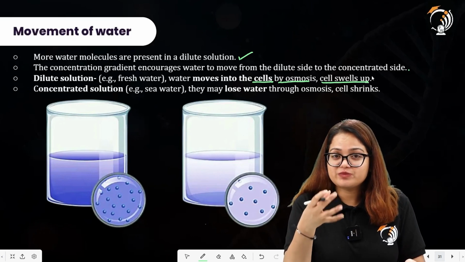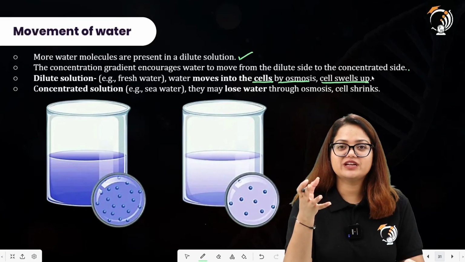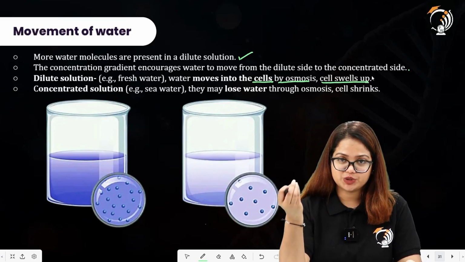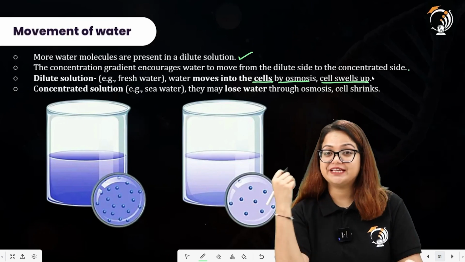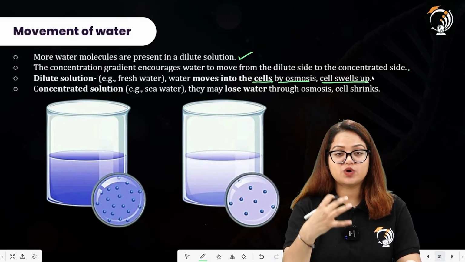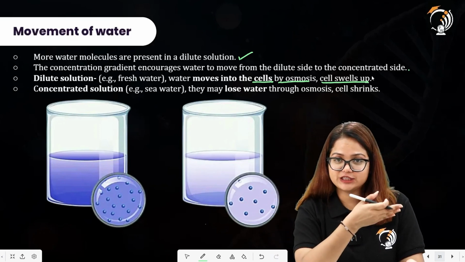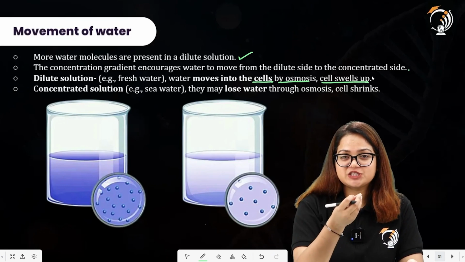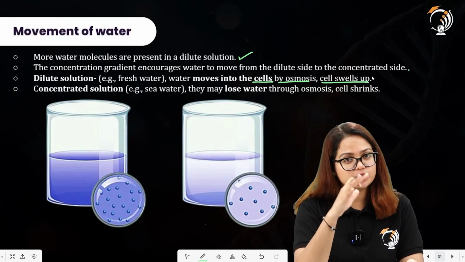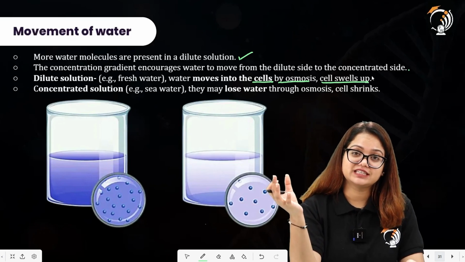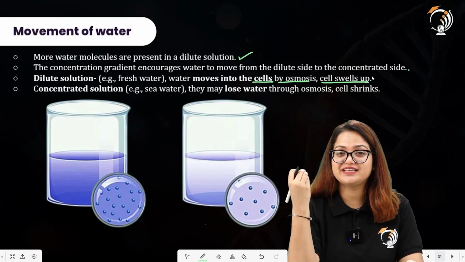So water will move into the cell from the outer environment, which has the maximum water molecules in it. Water molecules enter the cell and the cell gets swollen up. When we talk about a plant cell, due to the presence of the cell wall, the plant cell will not burst. But in the case of animal cells, this may lead to bursting of these cells.